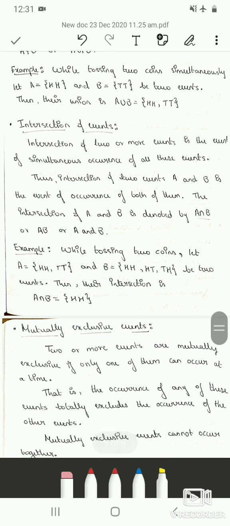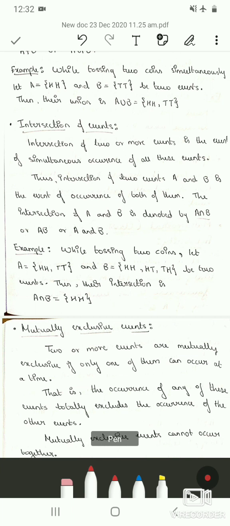So suppose you are tossing two coins simultaneously, and let us consider two events. Let event A be the two coins show head and tail, and let B be an event which has two coins showing head tail, and tail head. So now we have to find the intersection.